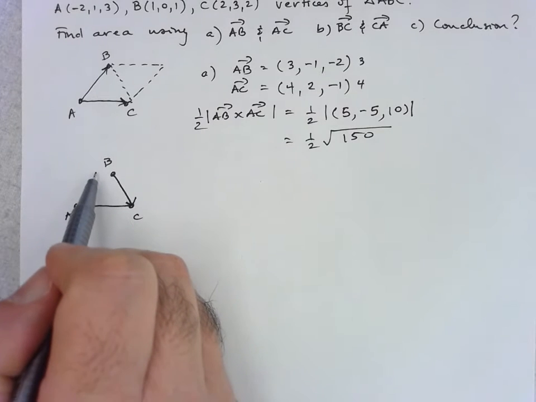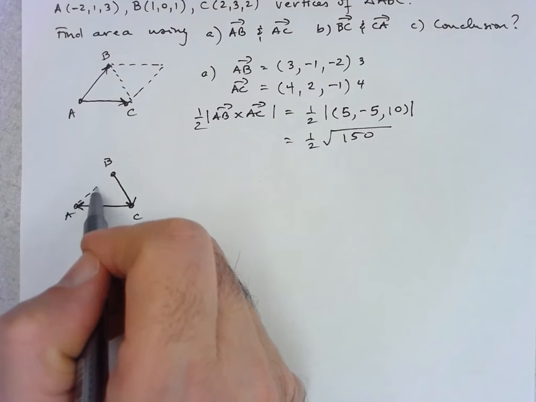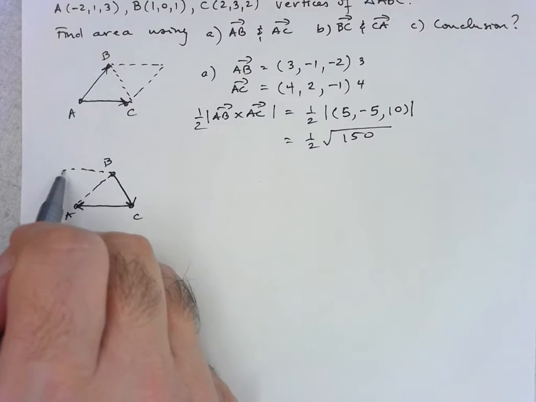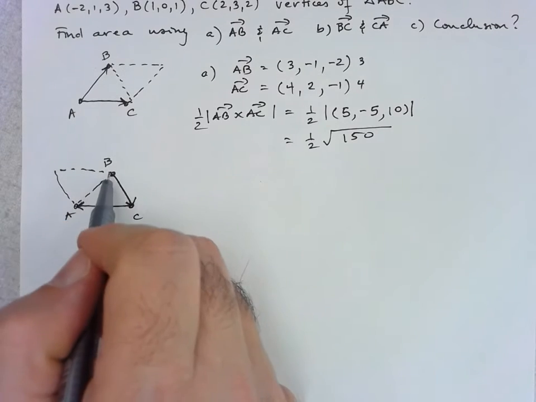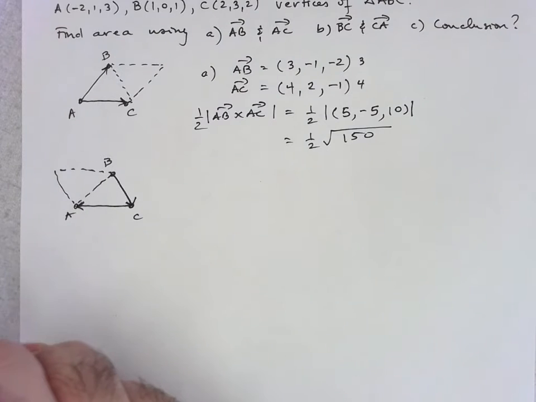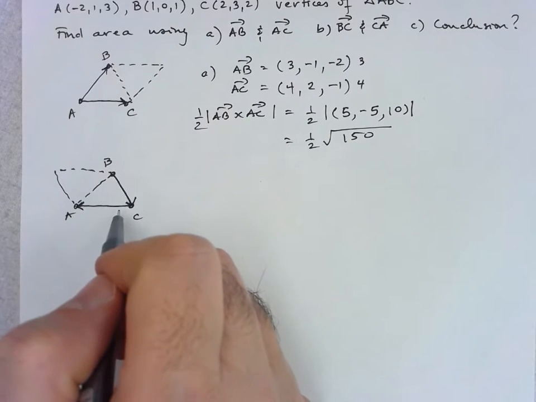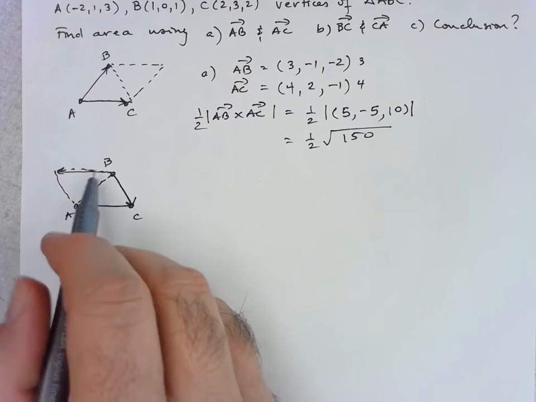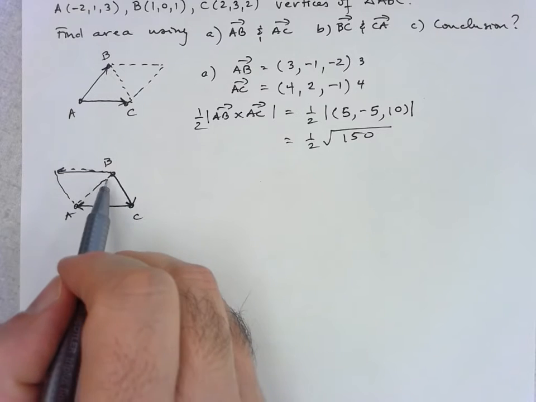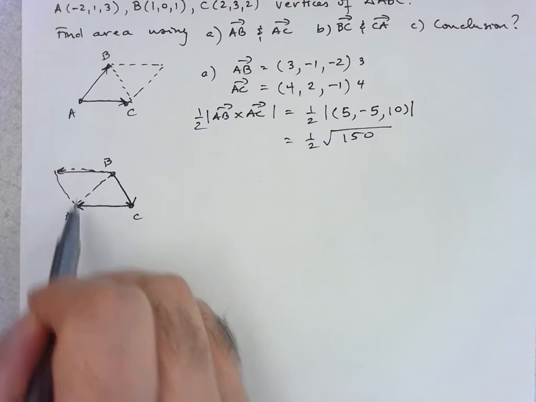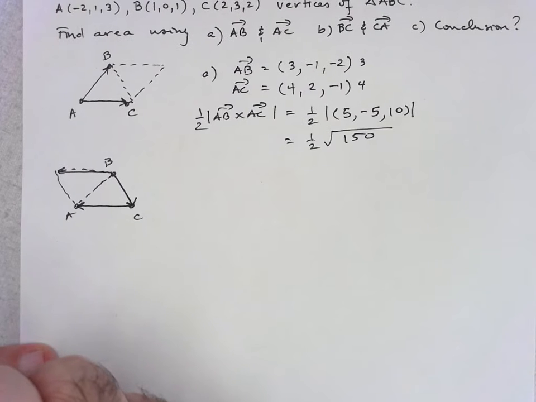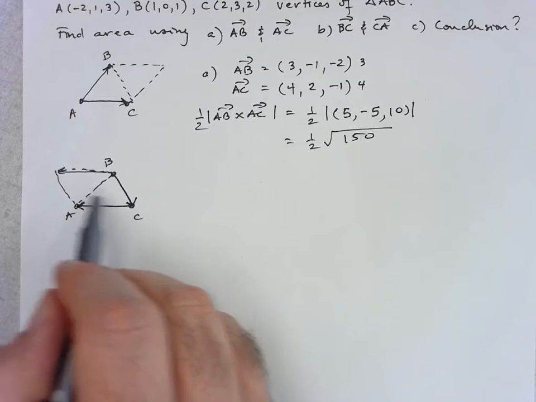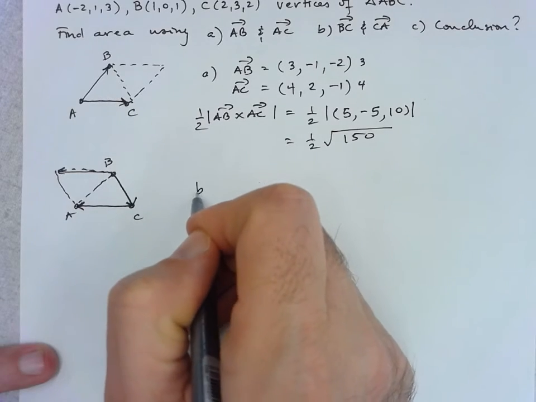Even if I move this vector CA up here, I see that I still have the other half of that parallelogram. So even if I take the cross product of BC and CA, placed tail to tail, it's still giving me the exact same parallelogram, and so half of that will still be the area of the triangle. I just needed to justify that, since of course we set these all up to be tail to tail. So let's go ahead and do that now.